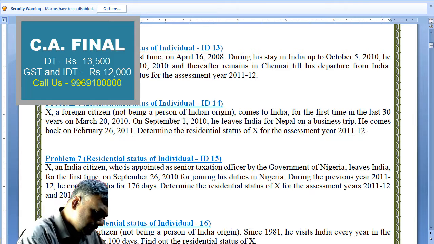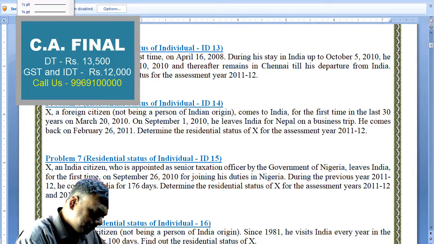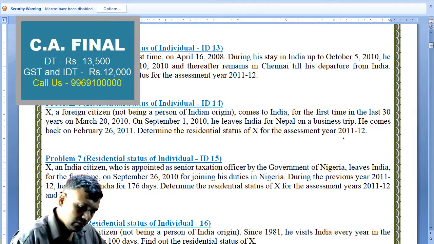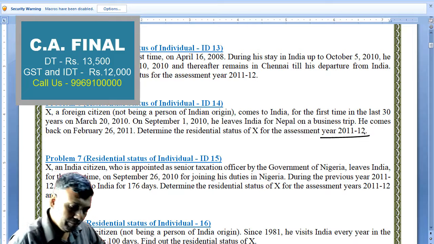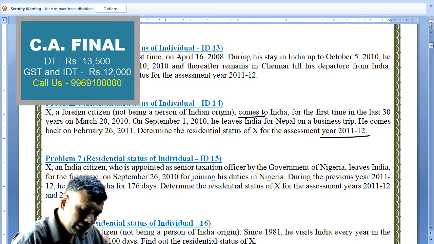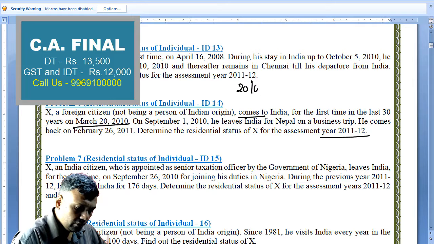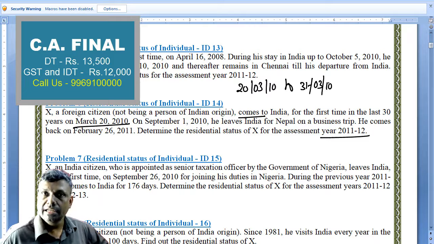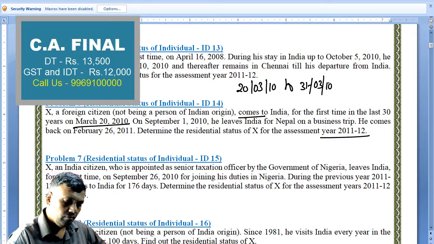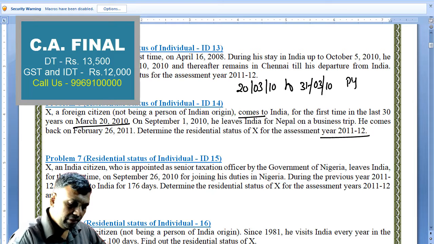So for 10-11. Now he is coming to India for the first time in the last 30 years on March 20, 2010. So 20th of March 2010 to 31st of March 2010, he is inside India. This will be your previous year 9-10.